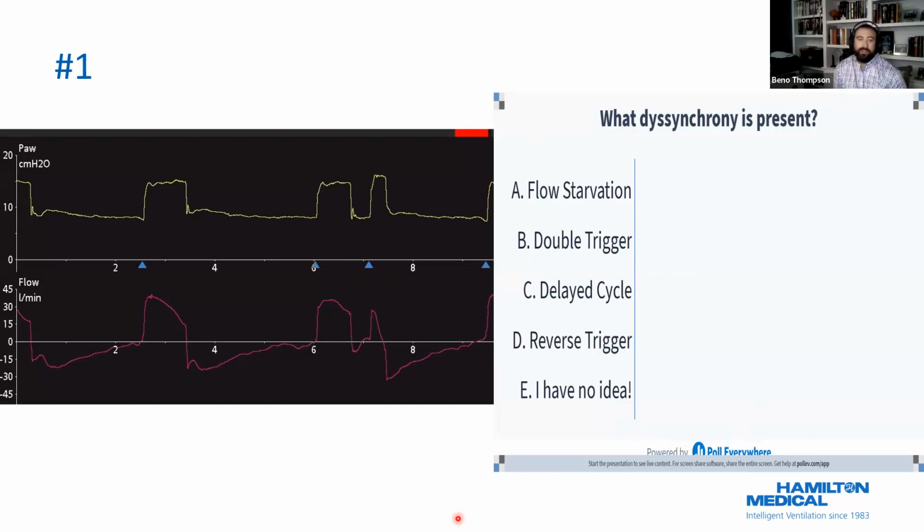This is continuing education. It looks like a lot of people are saying flow starvation, flow starvation, flow starvation. Double trigger is sneaking up there with about 18%.